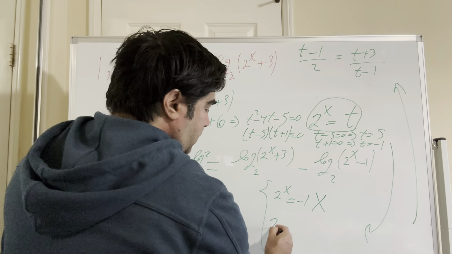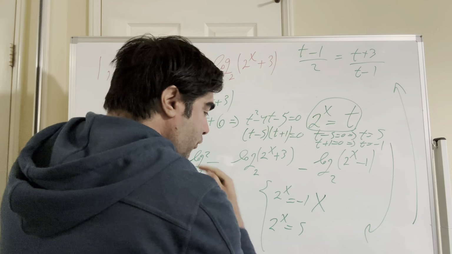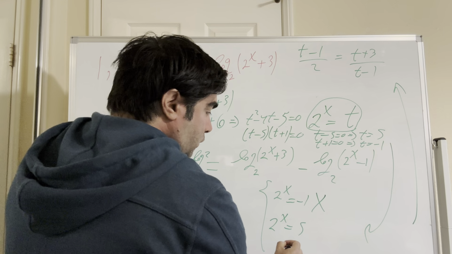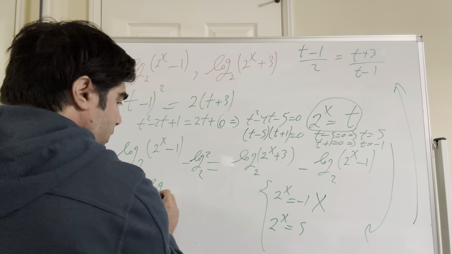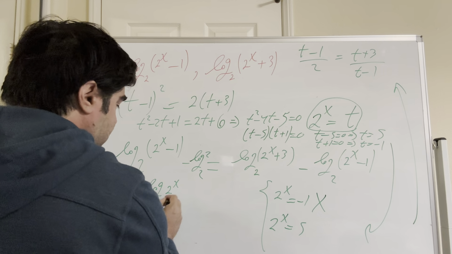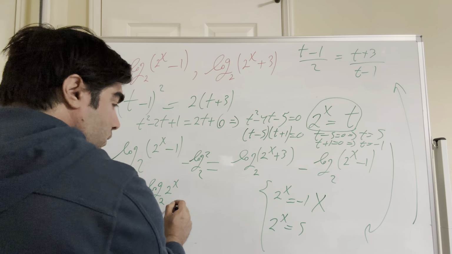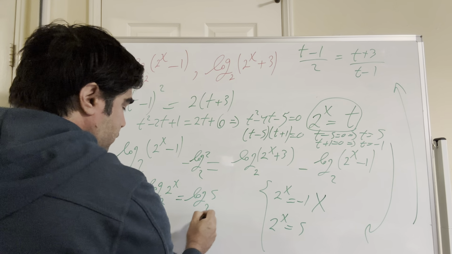The next one is 2 to the power of x equal 5. We want to bring x down to have a linear equation to solve for x. So we're going to use the technique of taking a log of 2 to the power of x in the same base, in the base of 2, and also take a log of 5 in the base of 2.